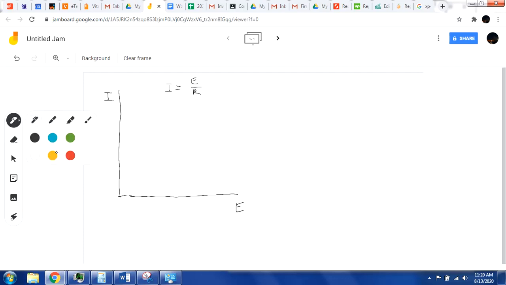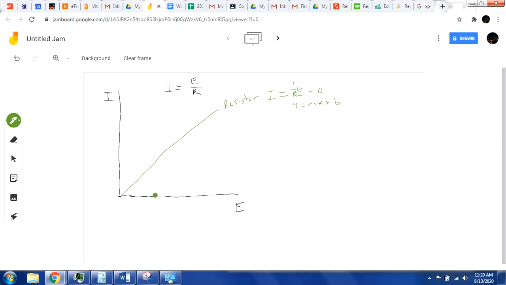We'll solve it for current. So in the case of a resistor, we have something like this. This is for a resistor. This is like E, that's like 1 over R times E plus 0.